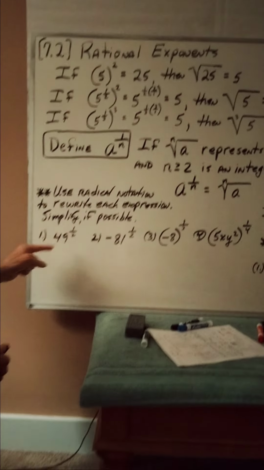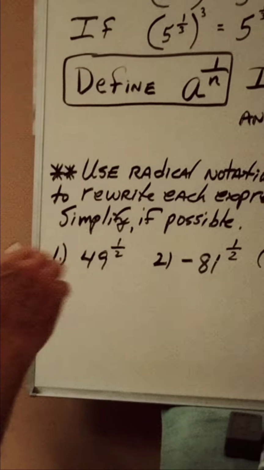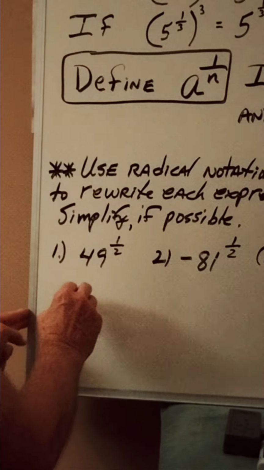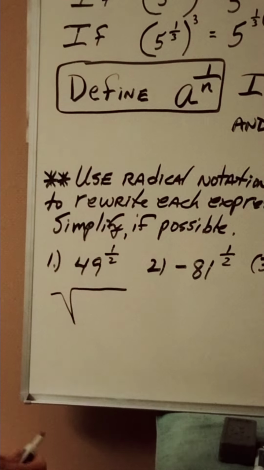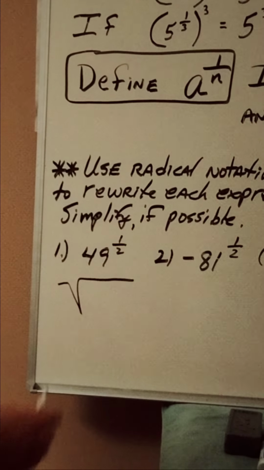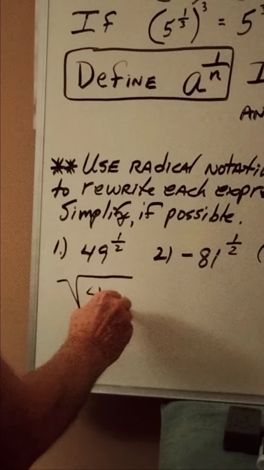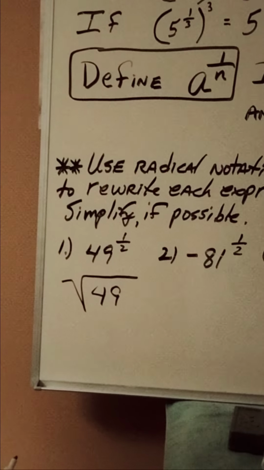We're looking at an exponential expression. It says use radical notation to rewrite it. So we're going to use radical notation. I'm going to get the radical symbol ready. Here we go. The base becomes the radicand. The denominator is the index.